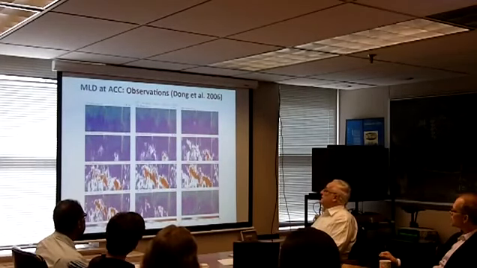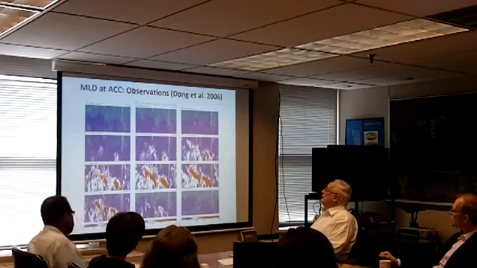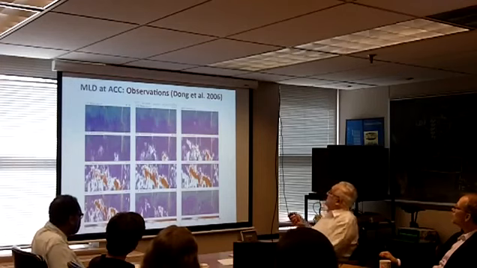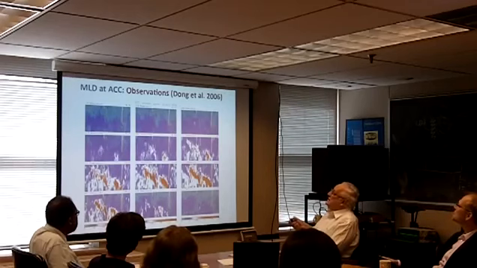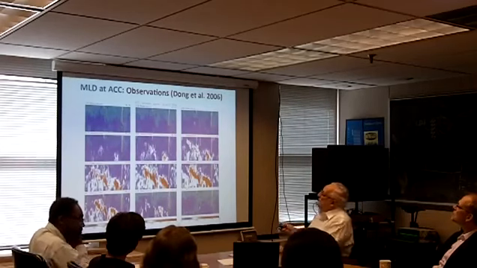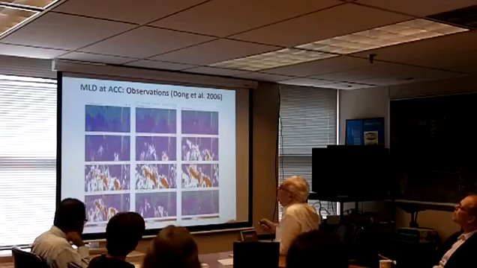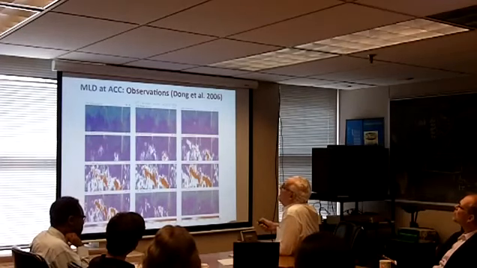worse. Oh, this is the gift from each end. These are data from Mrs. Dong, who is down in Miami. And this is the ACC. This is the mixed layer depth adapted to the ACC. What does it say here? January, February, March, and so on.